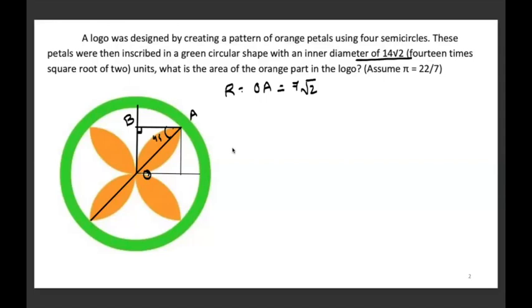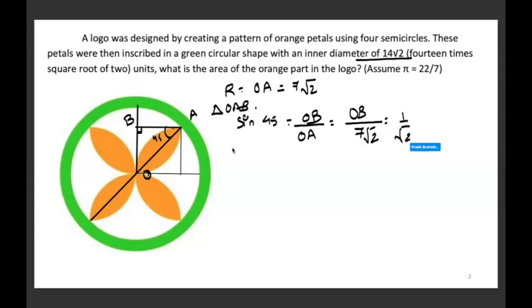So, sine of 45 in triangle OAB will be equal to OB upon OA. The value of OA I already know, 7 root 2, and the value of OB we have to find. So I'll write OB equal to 1 by root 2, which is the value of sine 45. So the value of OB will be 7.